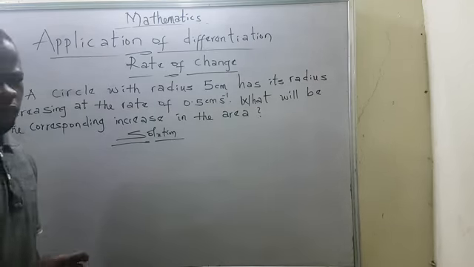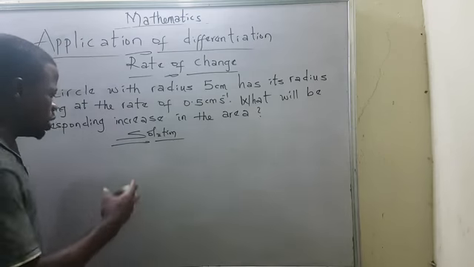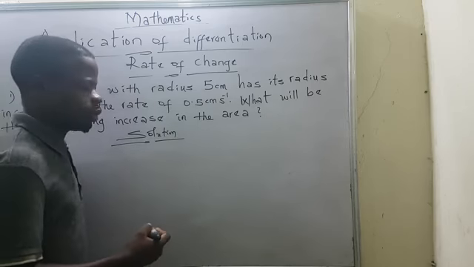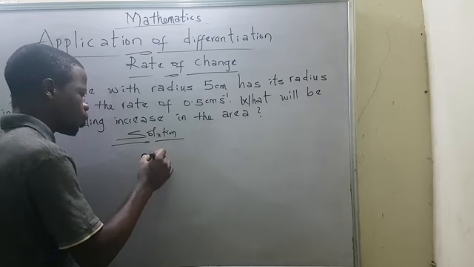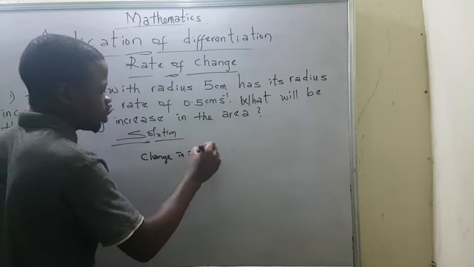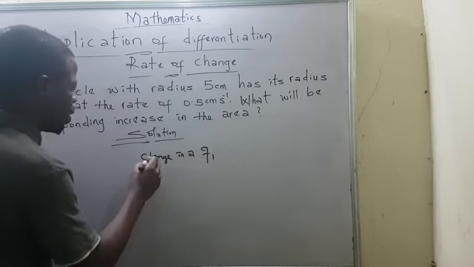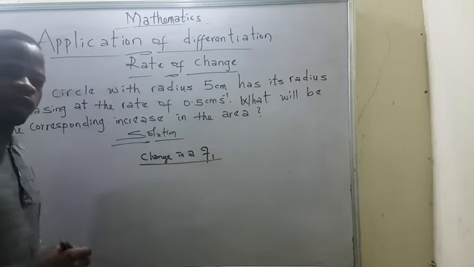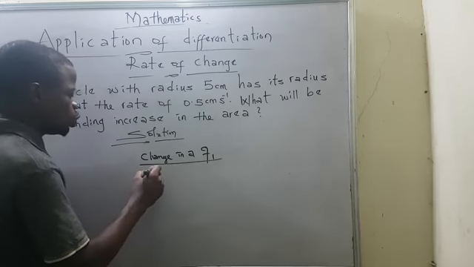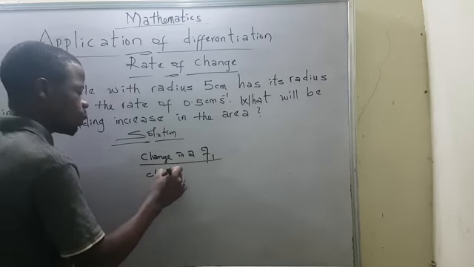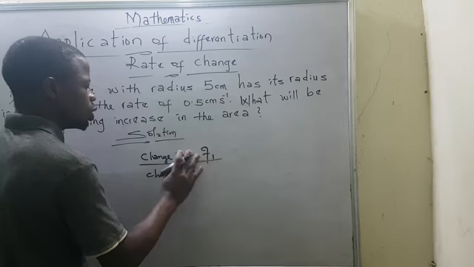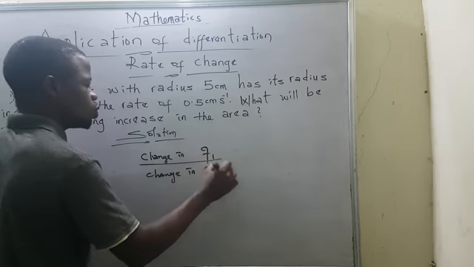What is rate of change? Rate of change basically means the change in y, or change in quantity 1. Rate of change means the ratio of the change in quantity 1 to the change in quantity 2.